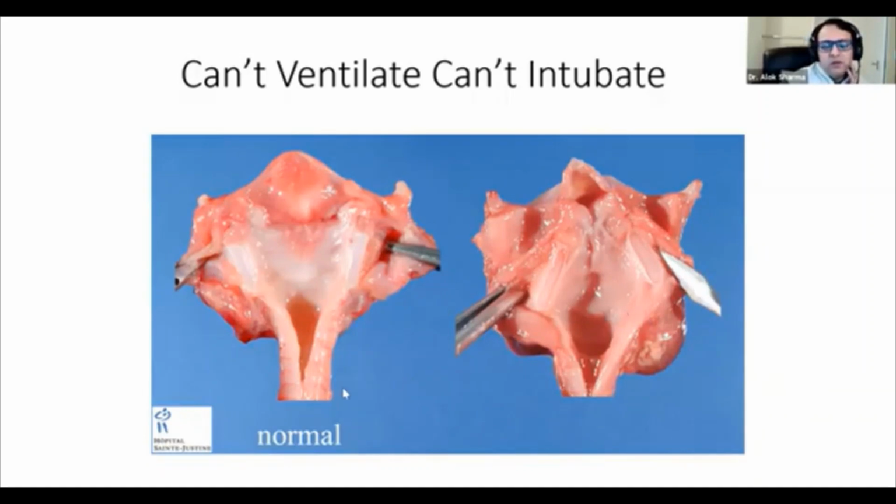But in babies who, say, for example, have a patent airway, if you have repeated failed attempts at intubation with a large tube, what will happen is these babies will develop glottic edema. So you can easily transform a can't intubate, can ventilate scenario into a can't ventilate, can't intubate scenario just because of failed intubation attempts.